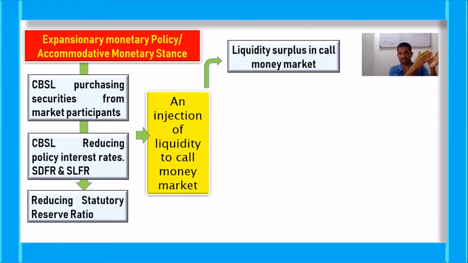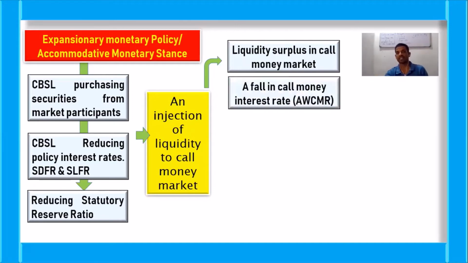You know, when there's an excess supply, the market price falls. Similarly, if there's excess liquidity, the call money interest rate falls. The call money interest rate, which we call the average weighted call money rate, will decrease due to this excess liquidity in the call money market.